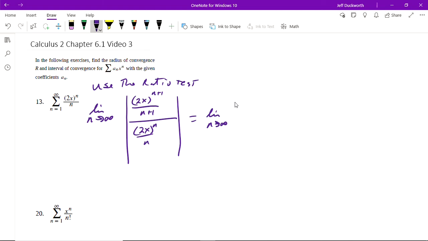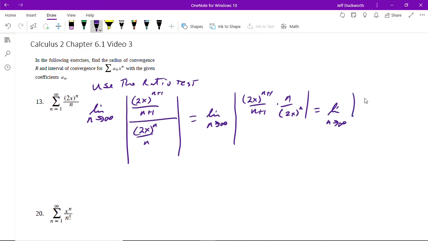Again, we multiply by the reciprocal. So that's (2x)^(n+1) over n+1 times n over (2x)^n, the limit as n approaches infinity. What do we have here?